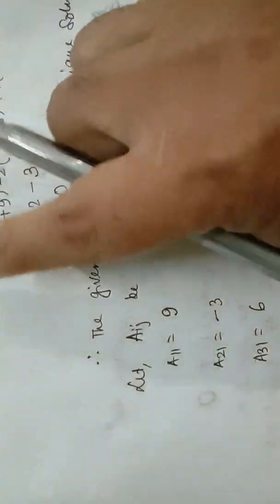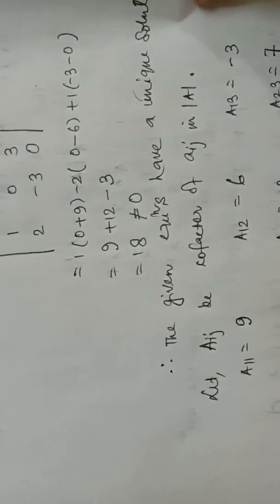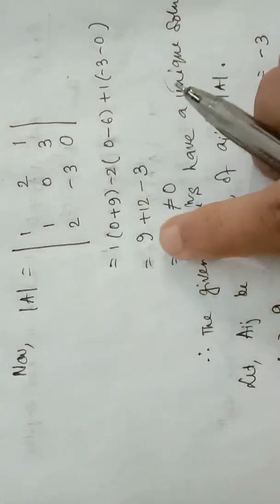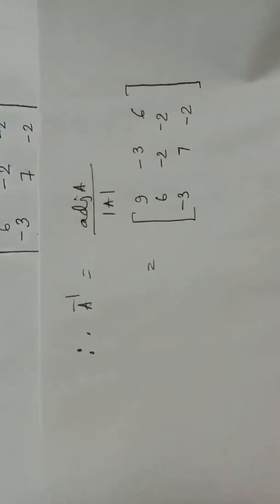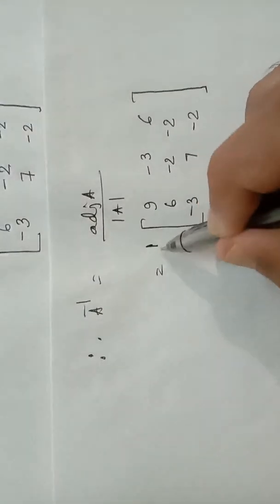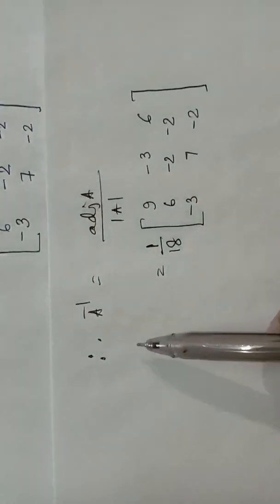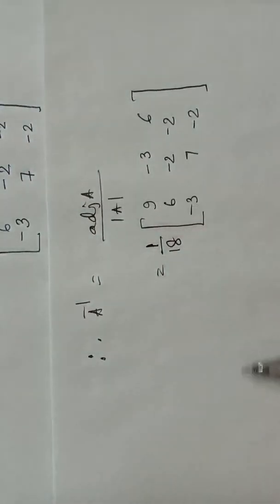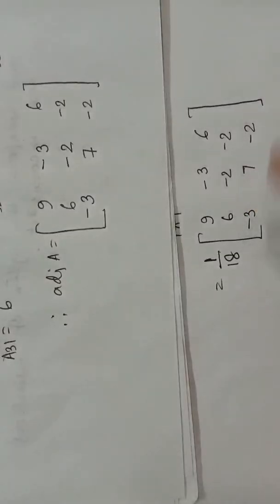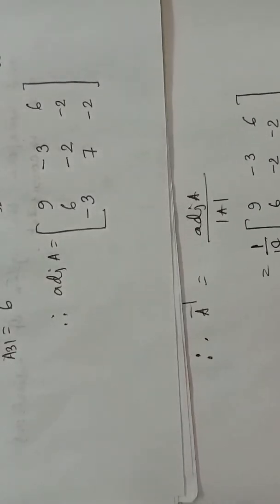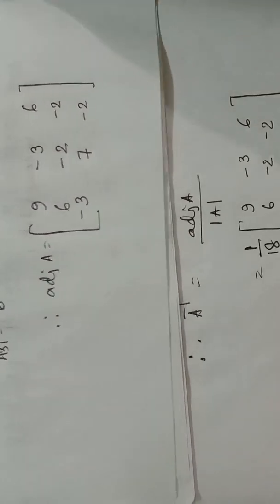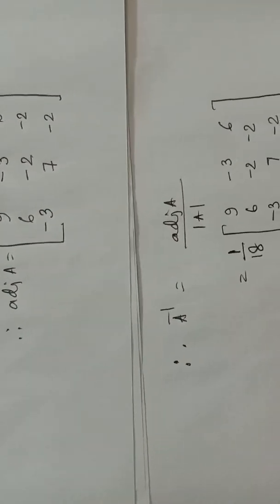You can see det A is equal to 18. So A inverse equals adjoint of A by det A, that is, 1 by 18 into this matrix.